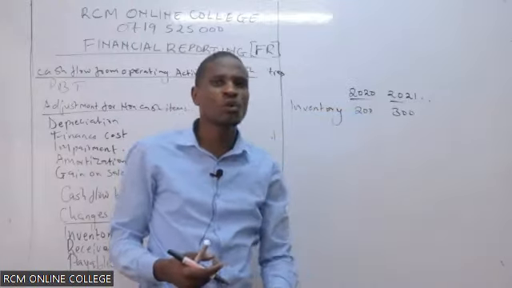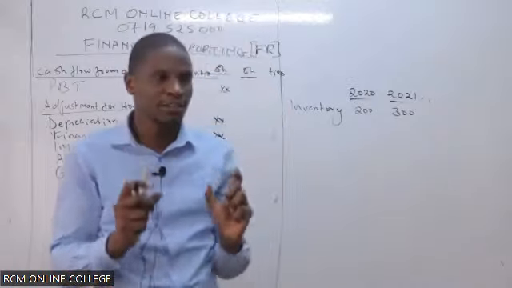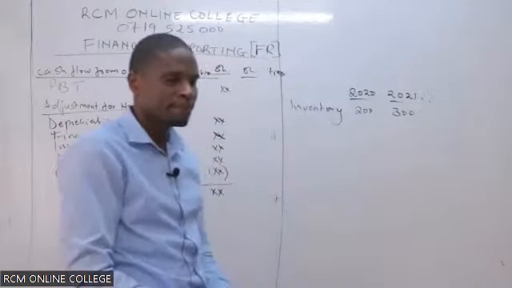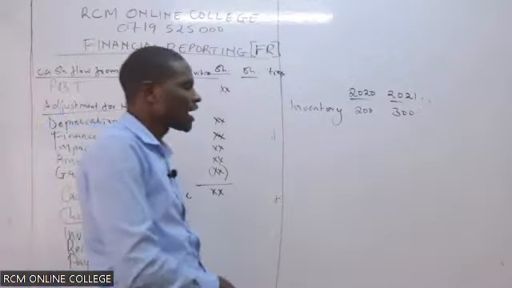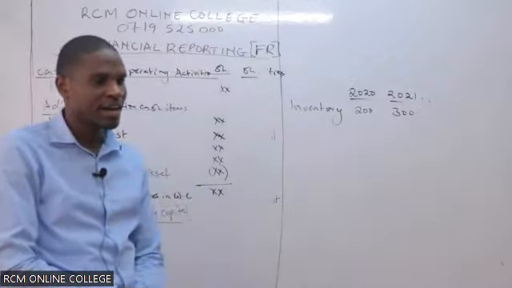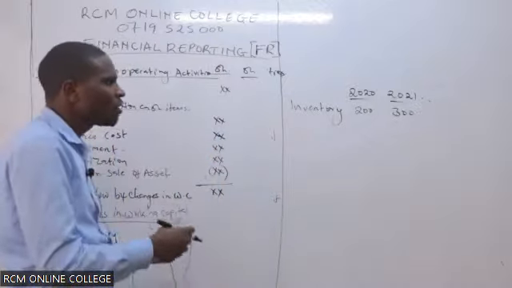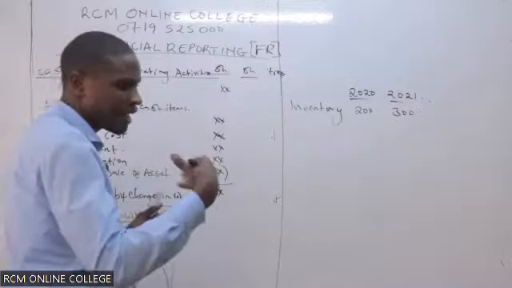And since we are drawing a cash flow statement, you ask yourself, did the cash increase or decrease? That is the way you ask yourself when it comes to assets. Cash decreased. Therefore, it will be an outflow.